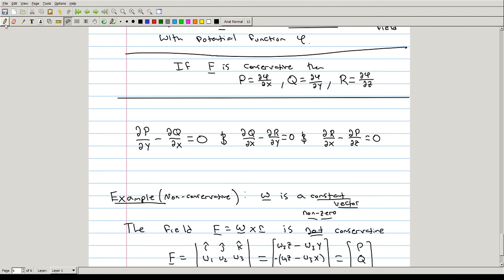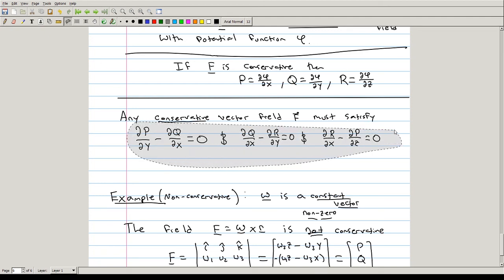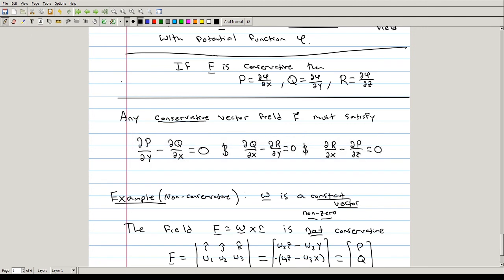So any conservative field F must satisfy all three of these relations. And we'll see exactly why a little bit later on.